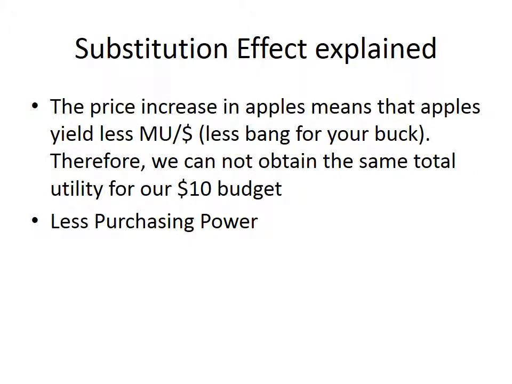Now, the substitution effect explained, and we've explained it before. The price increase in apples means that apples yield less marginal utility per dollar. And that's ultimately what we're looking at here. Okay? As consumers, what we're interested in is not the total benefit I'm going to gain. It's the total benefit that I'm going to gain for the cost of it.